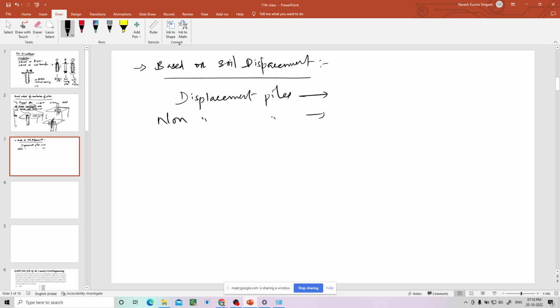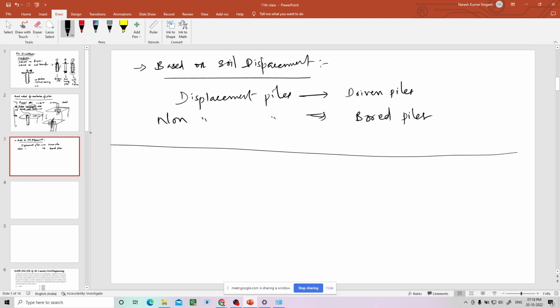Displacement pile means which displaces the soil. These are driven piles, the example we just studied, and these are bored piles. So these are all the things about the classification of piles.